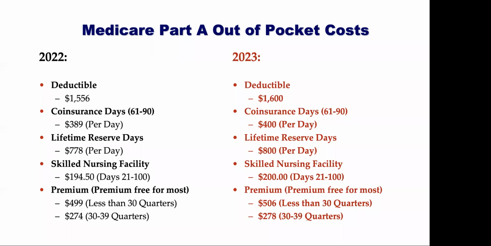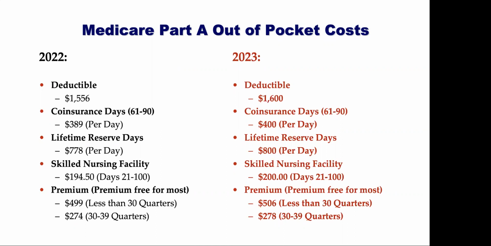If you go into a skilled nursing facility after the first 20 days, if it's still medically necessary that you be there, days 21 through 100 have a $200 copay. On the bottom, it talks about the Part A monthly premium.